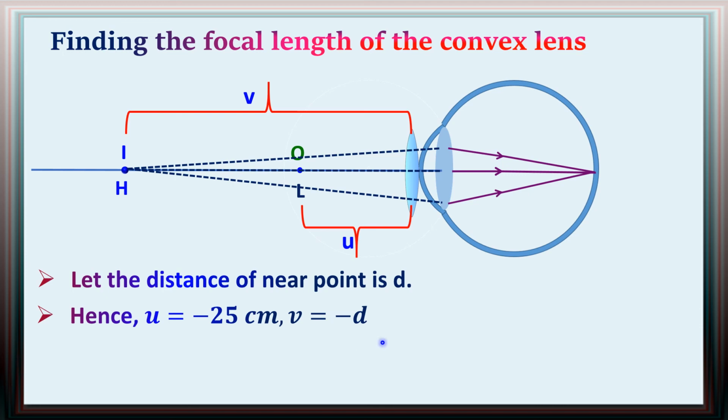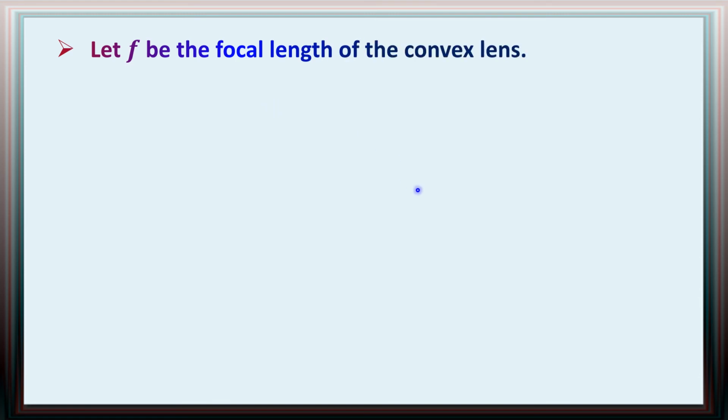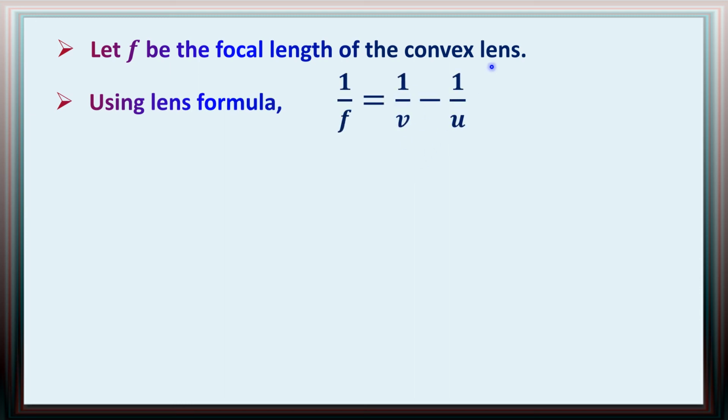Okay. And let F be the focal length of the convex lens used here, and here is the lens formula, 1 by F equal to 1 by V minus 1 by U.